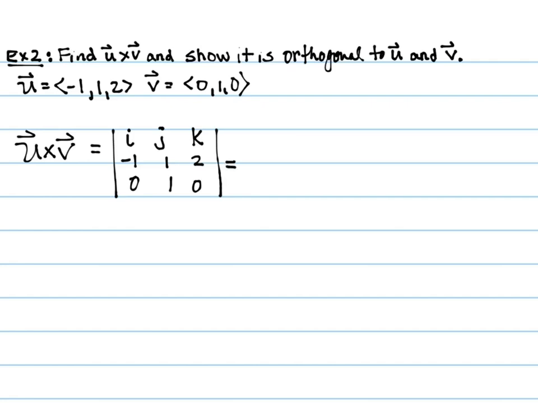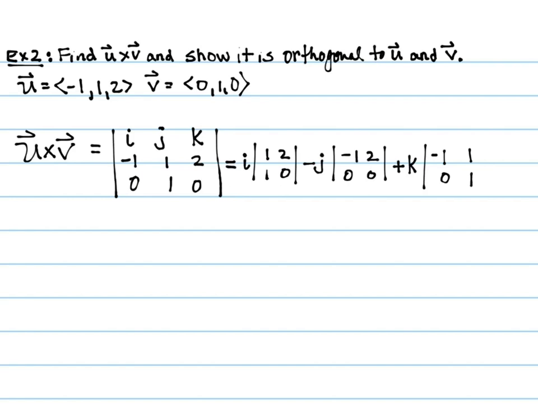If you don't need to see it, don't write that down, and then we're going to expand along the top row. So we have i times the determinant 1, 2, 1, 0. Remember, it's the rows and columns that i is not on that you use. We do minus j, and the rows and columns that j is not on would be -1, 2, 0, 0, plus k, and the rows k is not on are -1, 1, 0, 1.